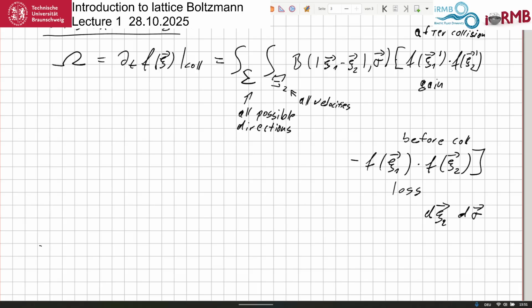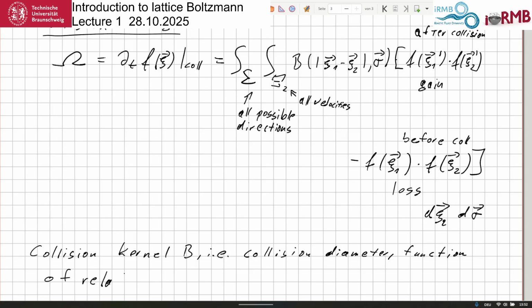Okay, just a few words here about the collision. The collision kernel B, which we call the collision diameter or cross section, is a function of the relative velocity.